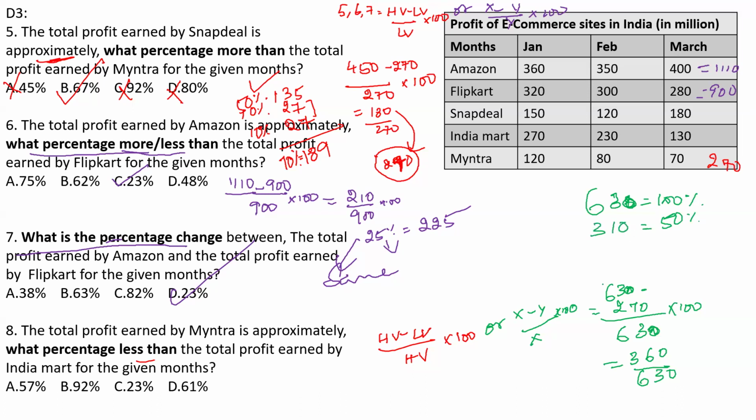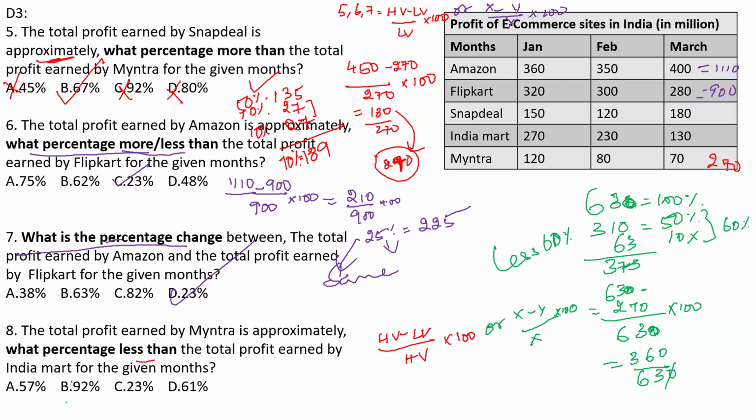But you want an answer of 360. 50% is 315, so just take 10%. 10% is 63. So if you total 315 plus 63, it's 378. But the answer you wanted is 360, so the answer would be less than 60%. Because you want an answer of 360, less than 60%.